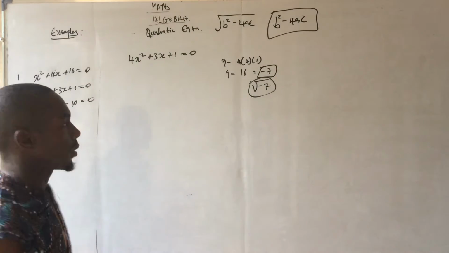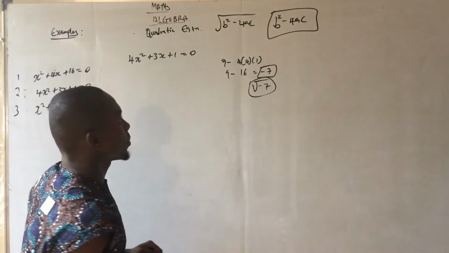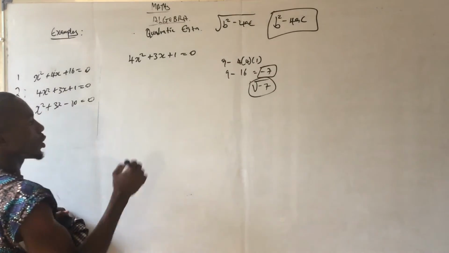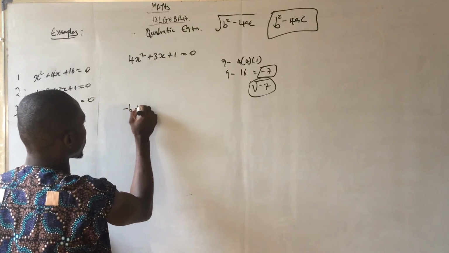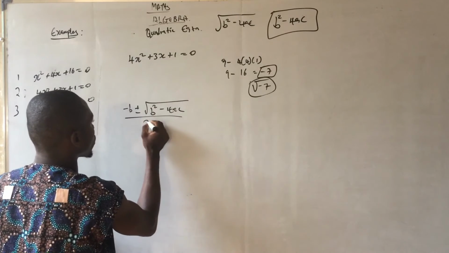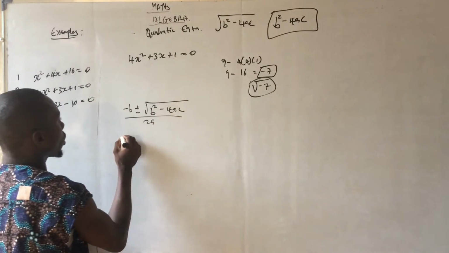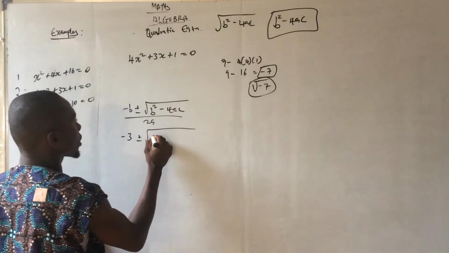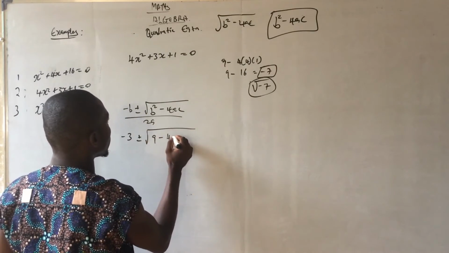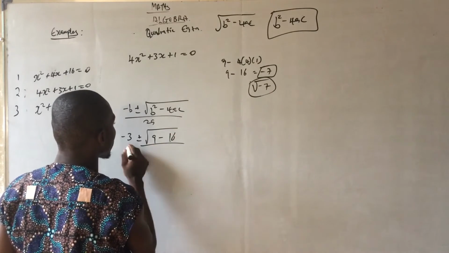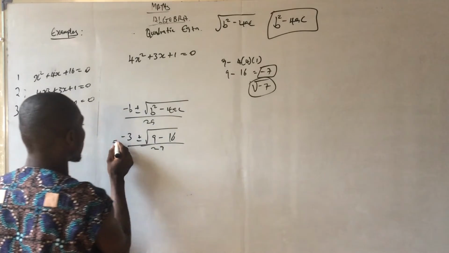Let us check something. Let's use the quadratic formula here: minus b plus or minus the square root of b squared minus 4ac, all over 2a. Our b is 3, so minus 3 plus or minus the square root of b squared, which is 9, minus 4ac, which is 16, all over 2a is equal to x.